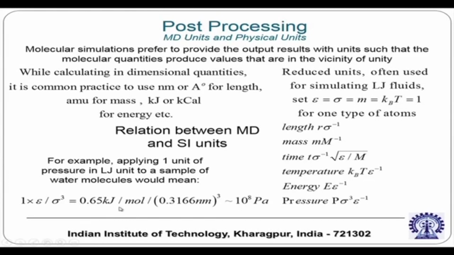So then if you use the typical value of epsilon, that is 0.65 kilojoule per mole, this is basically the interaction energy parameter, and sigma 0.3166 nanometer, I mean typical length scale of the water molecule, then that is roughly 10 to the power 8 Pascal.